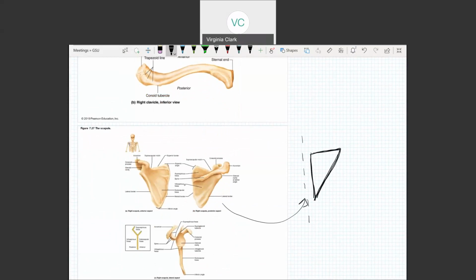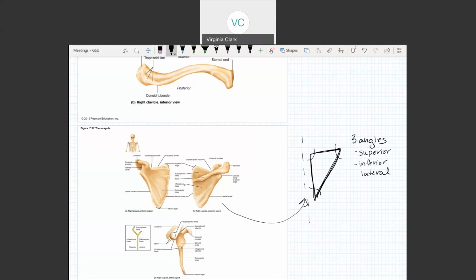When you're looking at this, there are going to be 3 angles: 1, 2, 3. These are going to be named for where they are. So you'll have your superior angle, the inferior angle, and then the lateral angle.